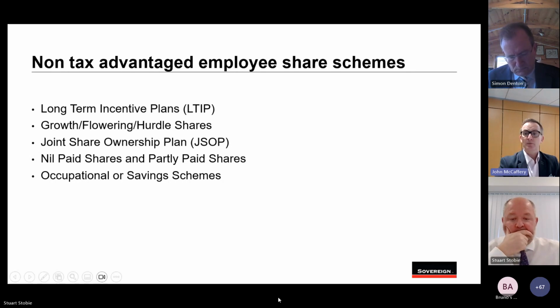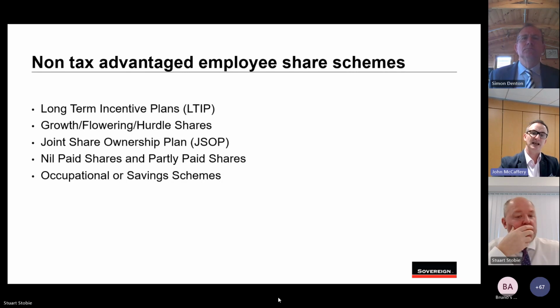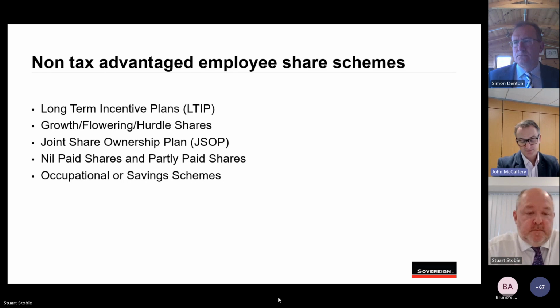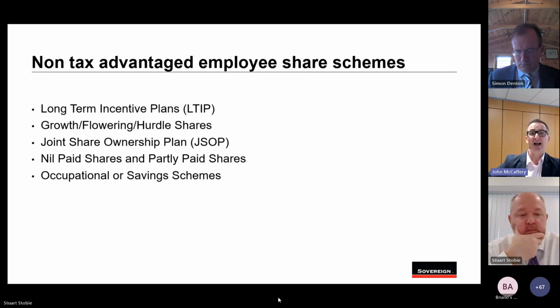Now, the problem with that is if you give them shares that have any value in them, they are immediately taxed on the value of those shares. Depending on the type of company, if you are a privately owned company, then those are generally taxed through a person's tax return. But then that might require a person who's not done a tax return before to do one.